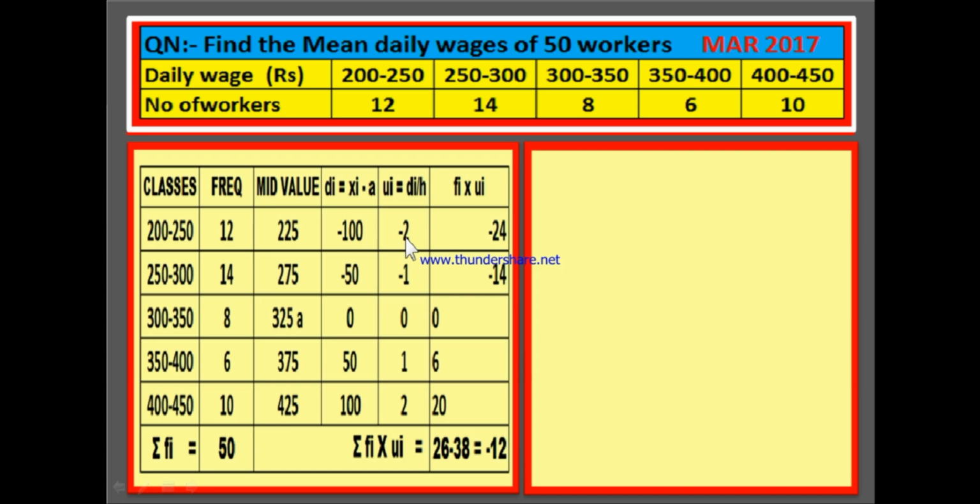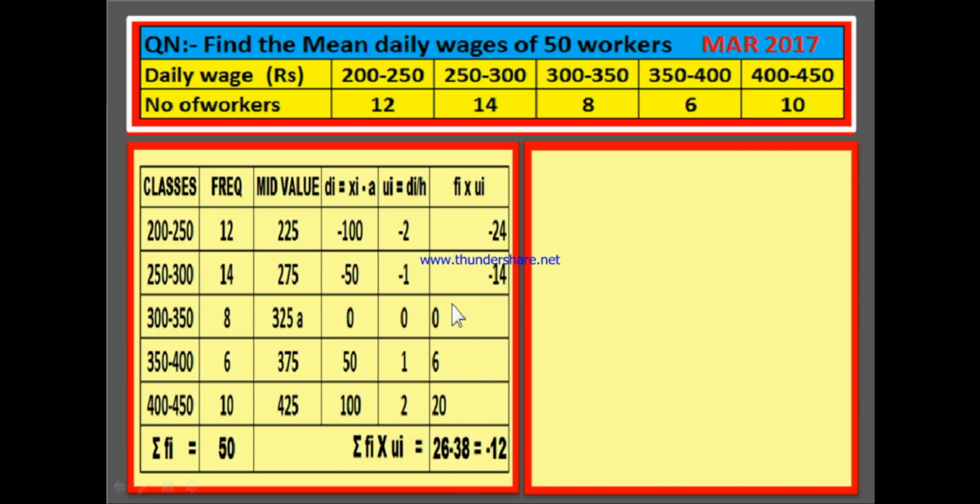12 into -2 is -24. 14 into -1 is -14. 8 into 0 is 0. 6 into 1 is 6. 10 into 2 is 20. You write positive values one over the other, and you write negative values one over the other separately, so that it is very easy to calculate.